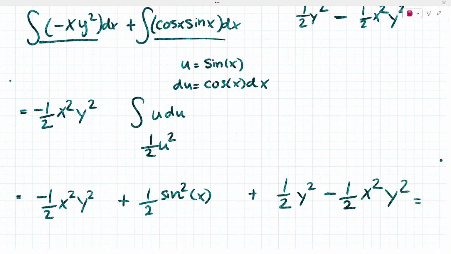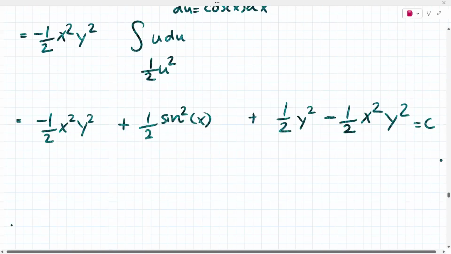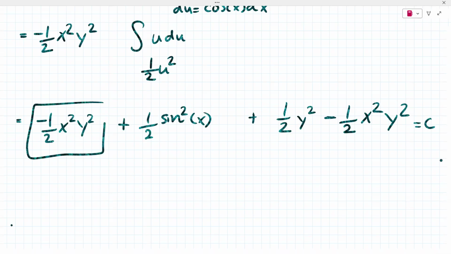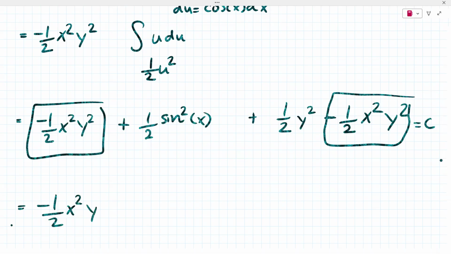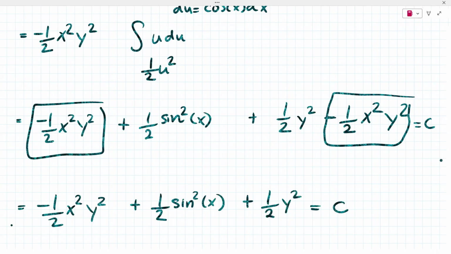Now, do you see a repeating term? I do. I see this is a repeating term. So is this. So you just write out your repeating term once. And then bring down your leftovers. Your leftover is 1/2 sin squared x plus 1/2 y squared equals C.